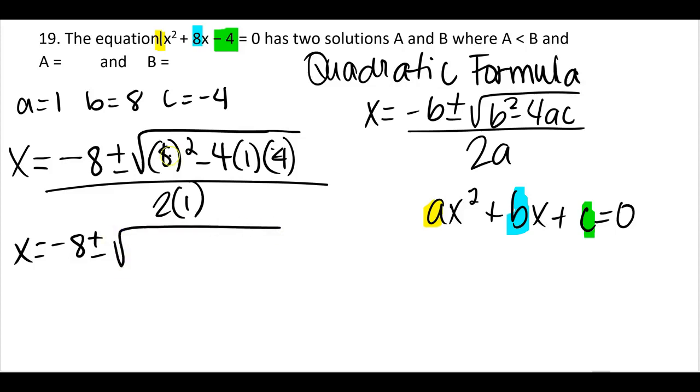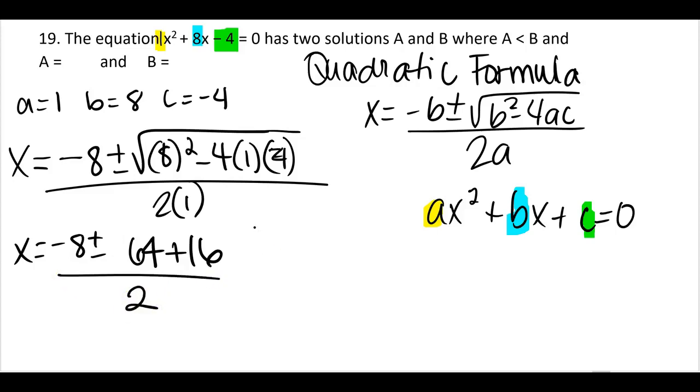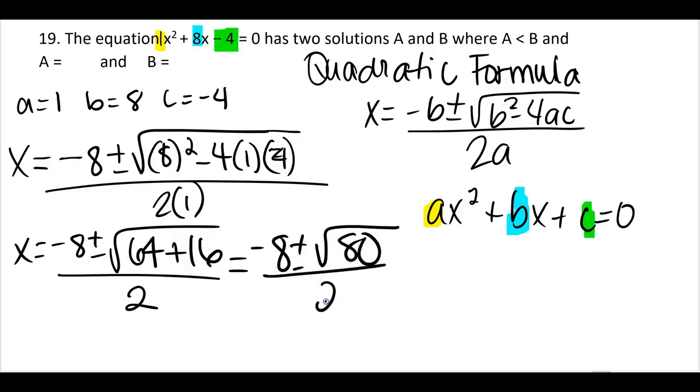The square root of 8 squared is 64, minus 4 times 1 times negative 4 is positive 16. All right? Okay, so all divided by 2. So now you have negative 8 plus or minus the square root of 80 divided by 2.